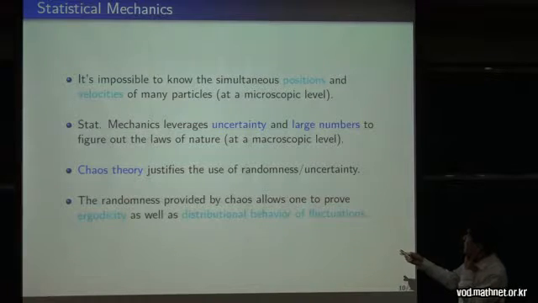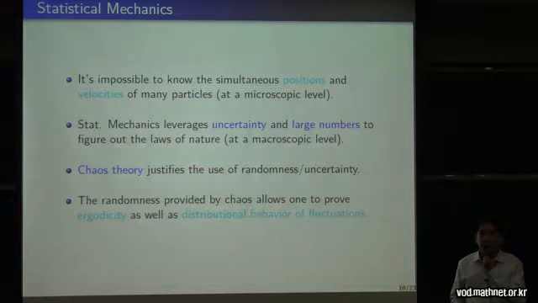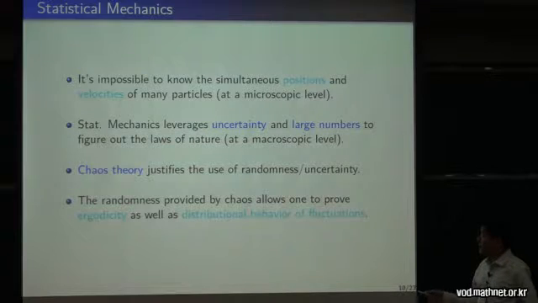So what about this uncertainty? Well, with the advent of quantum mechanics, we know that it's not an unreasonable assumption to assume that there's uncertainty here. In fact, this is built into the theory of quantum mechanics. But let me purport that even before quantum mechanics, we knew that there was uncertainty, and this is justified by so-called chaos theory.